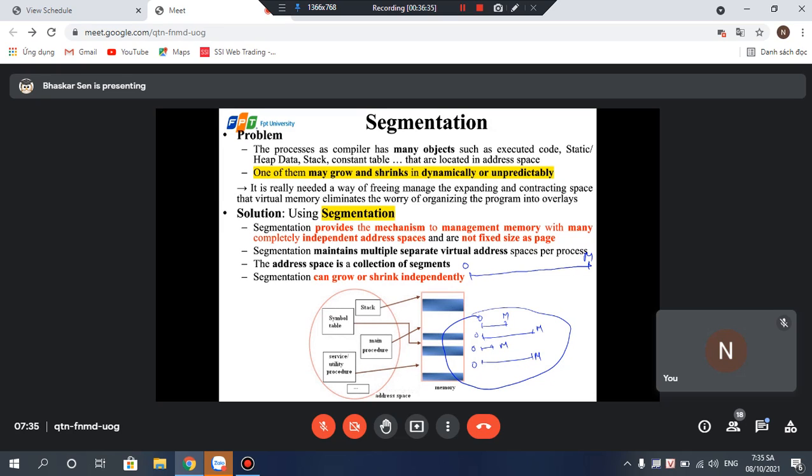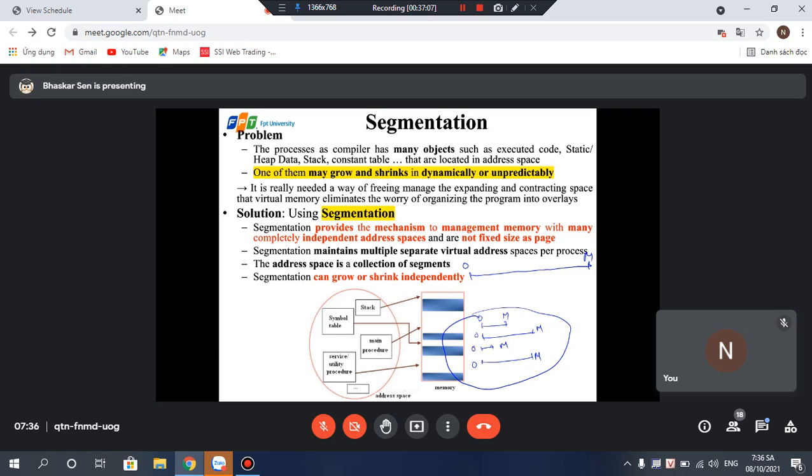And then what is the second benefit? Now that we have split them up into multiple address spaces, each of these segments can be loaded into separate parts of the RAM. They don't have to be in contiguous positions. Remember the problem number 2 that we identified earlier?